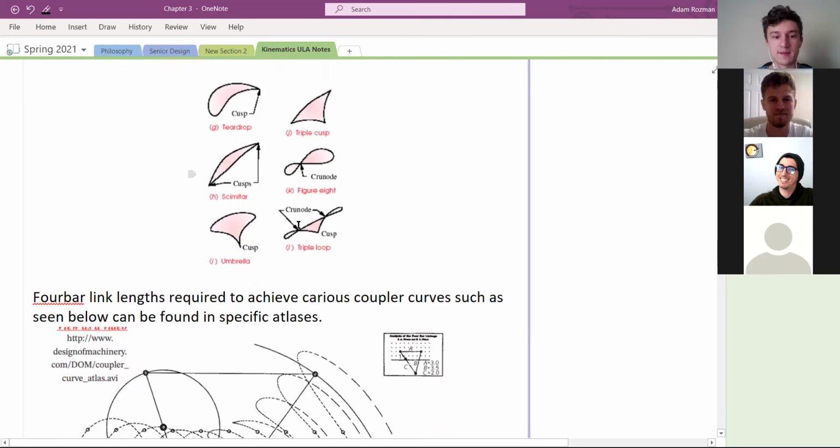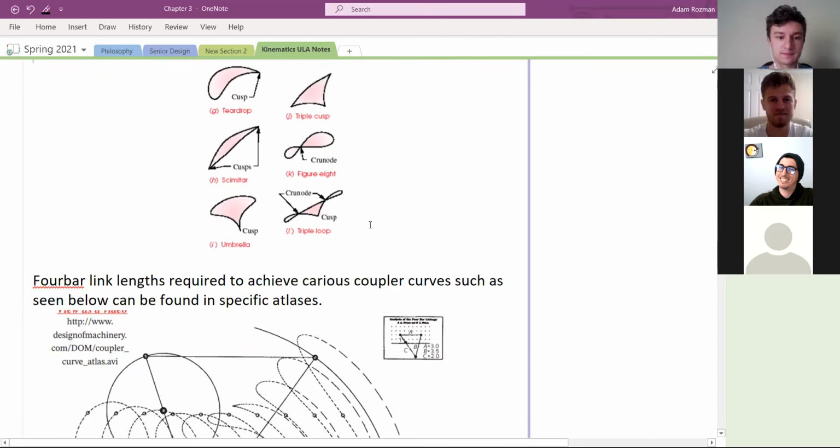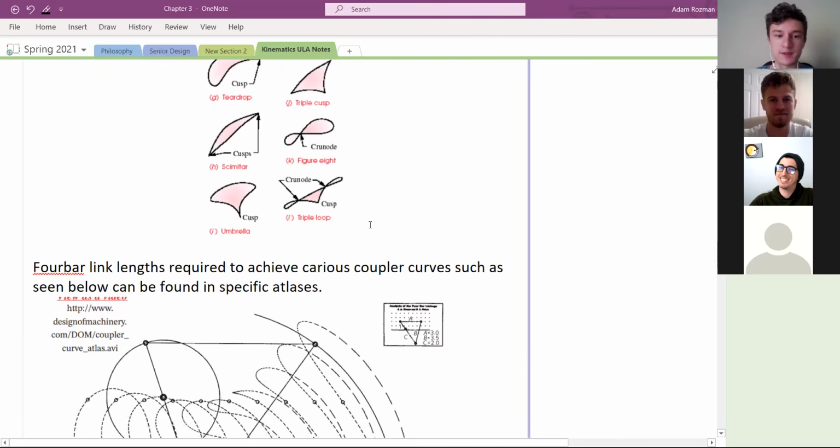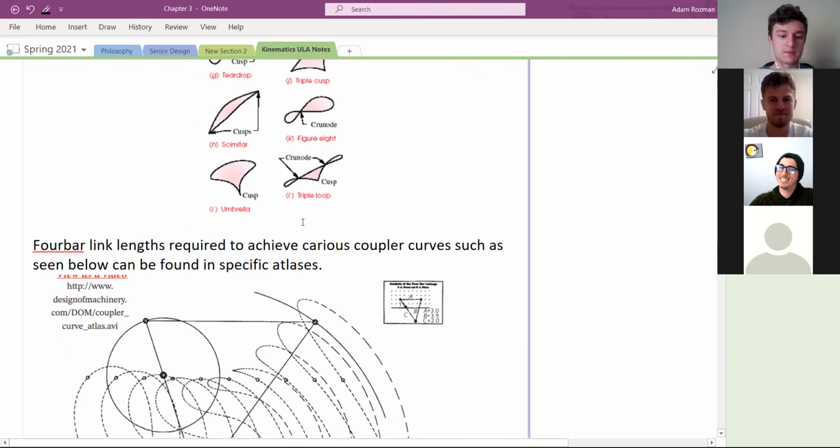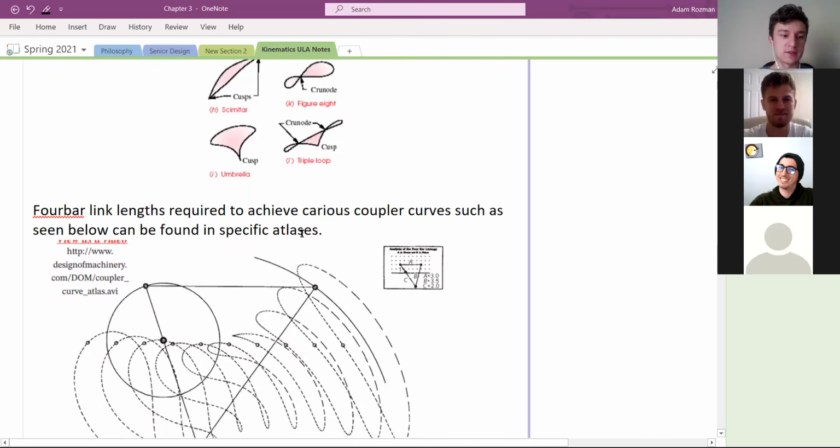And then crew node is just where the coupler curve crosses itself. That's a little harder to define a practical application for. Maybe you just want to make sure your mechanism won't come into contact with itself.